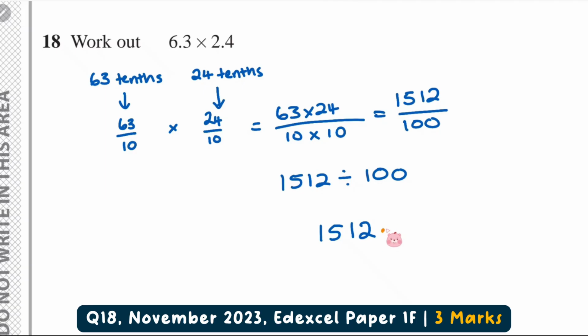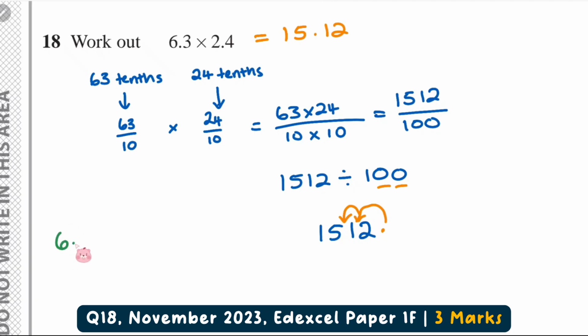Right, so the decimal point is currently here, and we need to do 2 jumps to the left because we are dividing. So if we go 1, 2, that puts the decimal point between 5 and 1. So our final answer is 15.12.